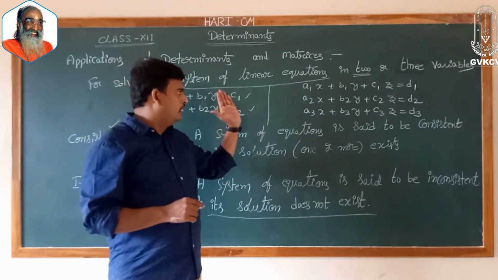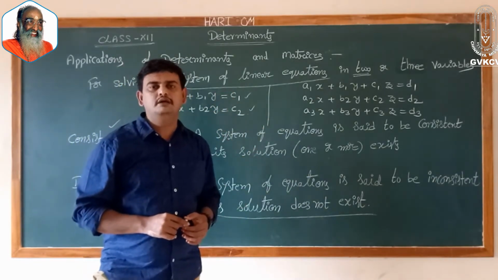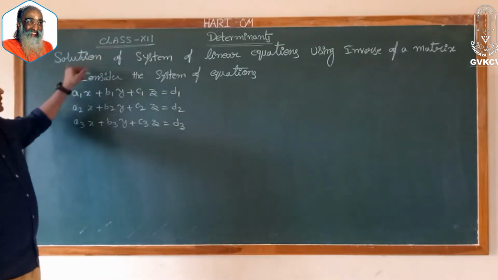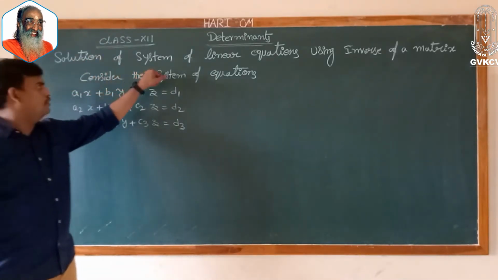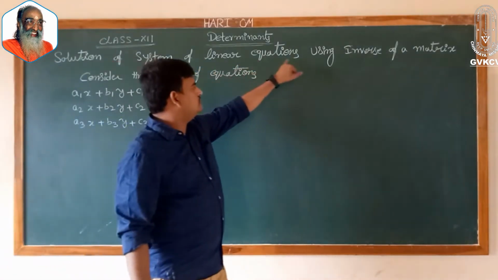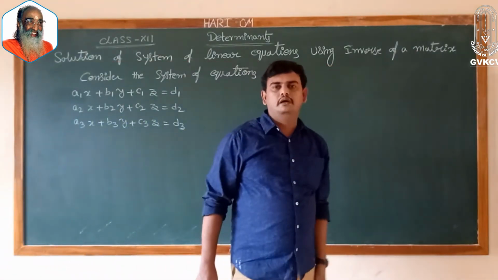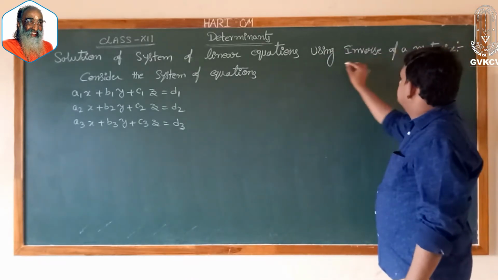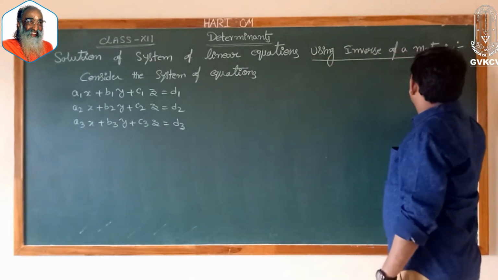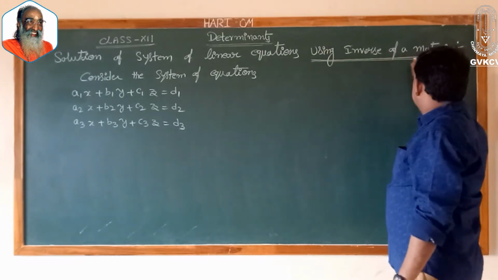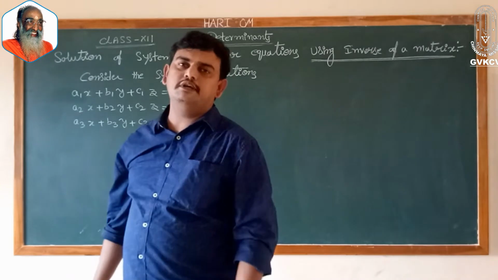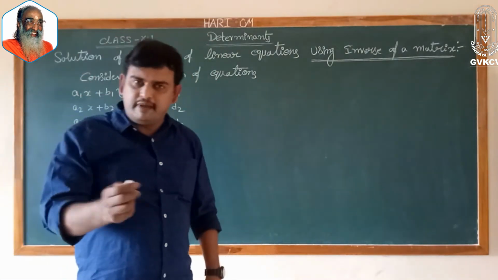Now let us see how to solve the system of linear equations. Here we have the solution of a system of linear equations using the inverse of a matrix. So we are going to solve the system of linear equations using the inverse of a matrix.